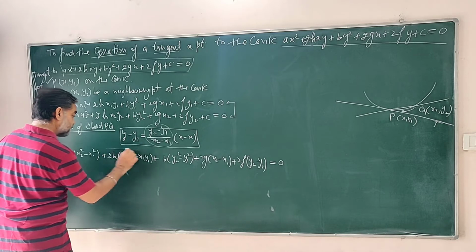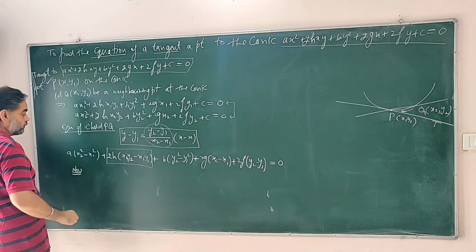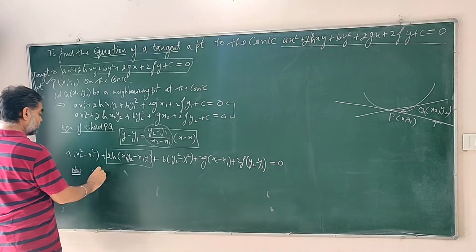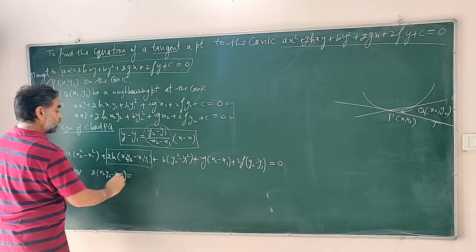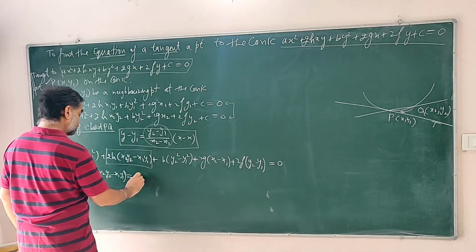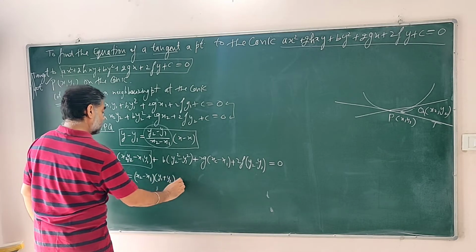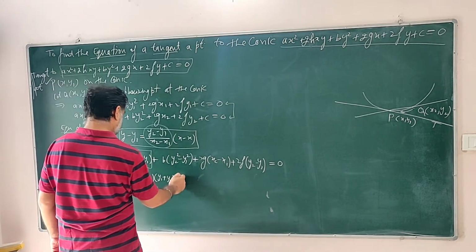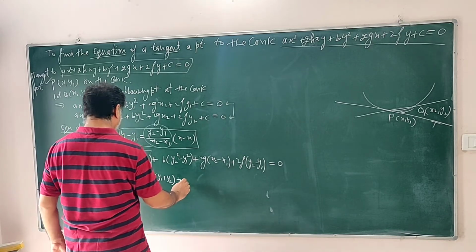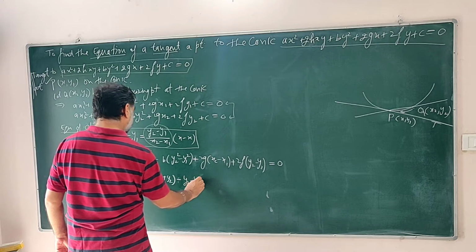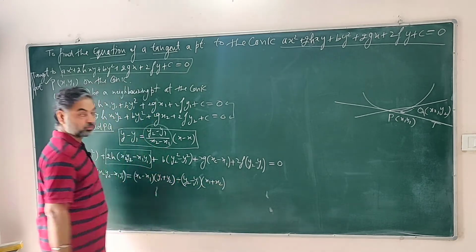Now this part, we use an identity. We use the identity that x2 y2 minus x1 y1 can be written as x2 minus x1 into y1 plus y2, plus y2 minus y1 into x1 plus x2.